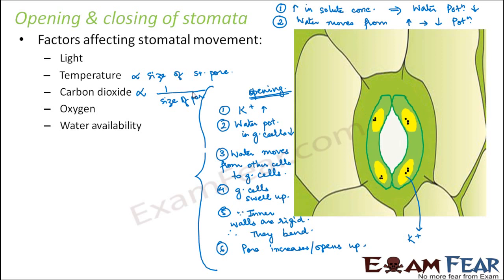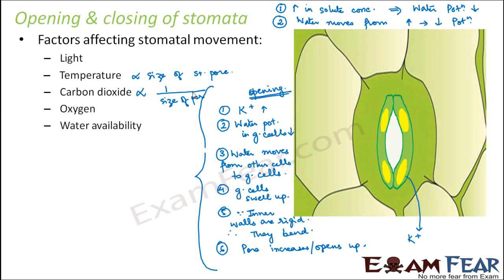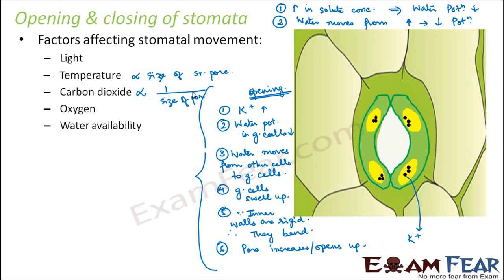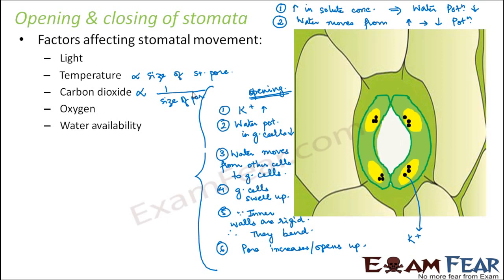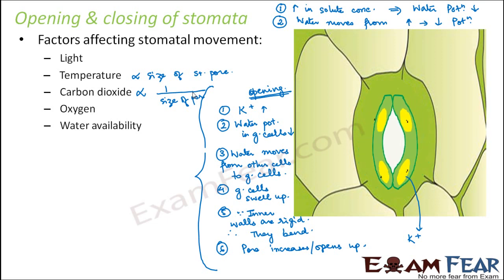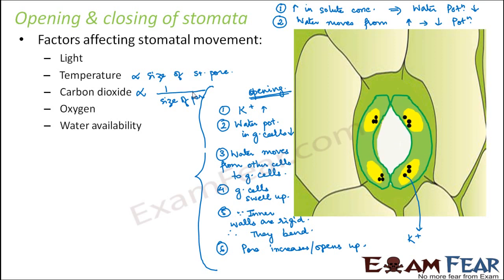Whenever the rate of transpiration is very high due to climatic factors or in certain areas, or if less water is available to the plant, there is not much water in the soil, so if there is scarcity of water within the plant, the stomata doesn't open up, it remains closed, because opening up of stomata will cause some loss of water. So in order to compensate for the rate of transpiration, the stomata gets closed to save some water.